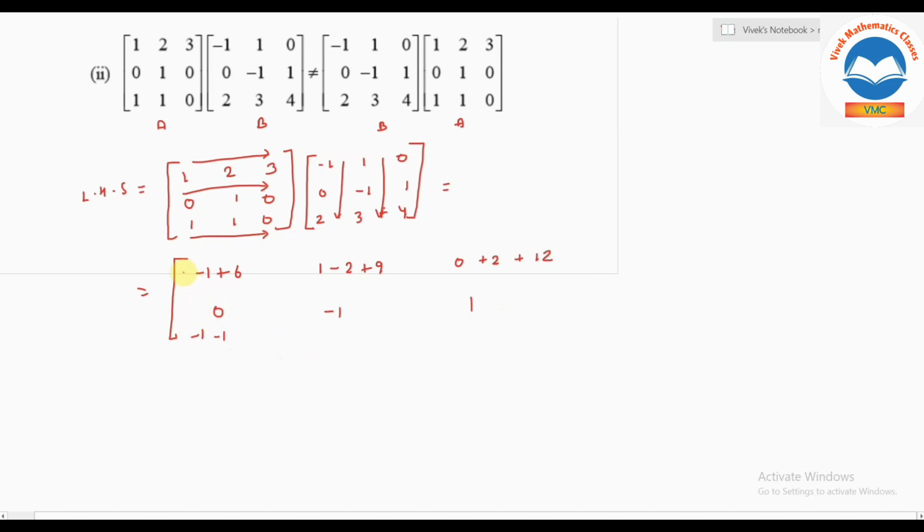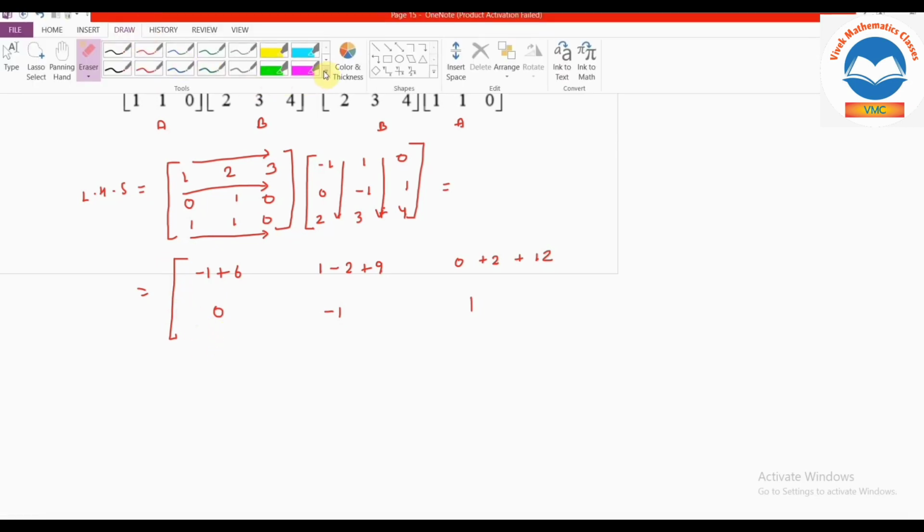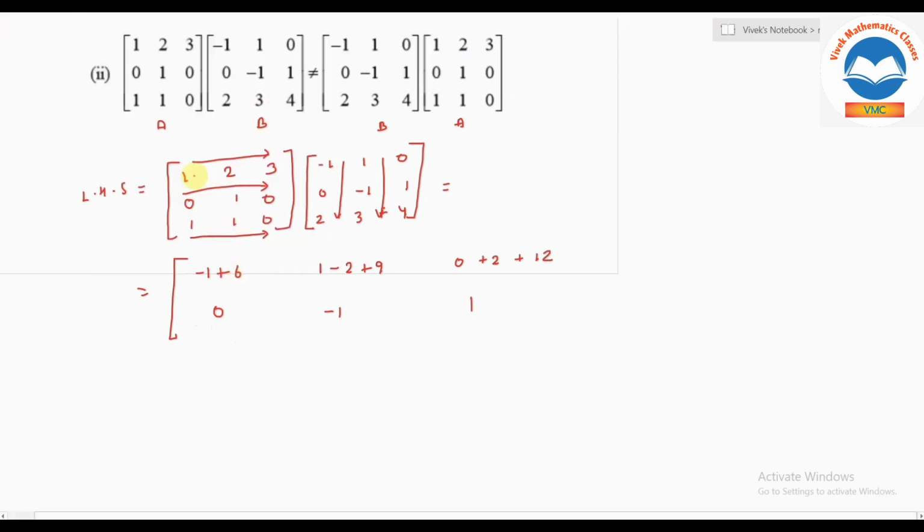Actually it is wrong. I should multiply with third row and first column. So third row is 1 1 0 and minus 1 0 2.